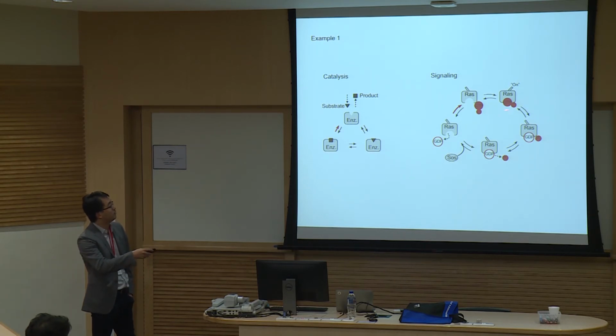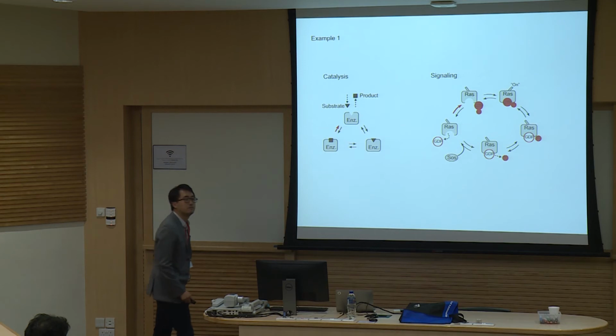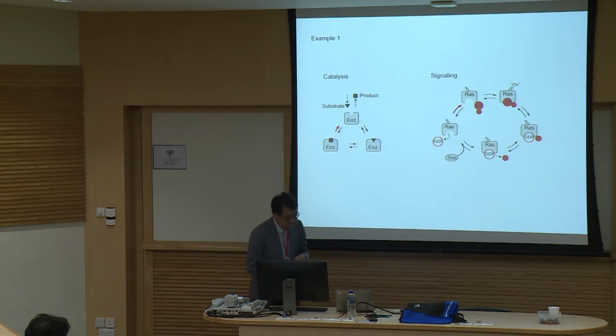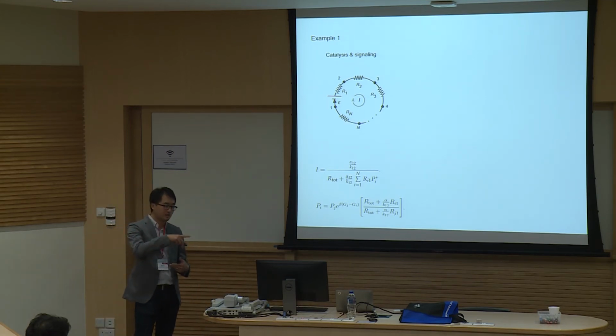So by controlling the population in this on state, you turn on or you can activate the cellular response. Okay, so here it's driven by the replenishment of GTP with fresh GTP.